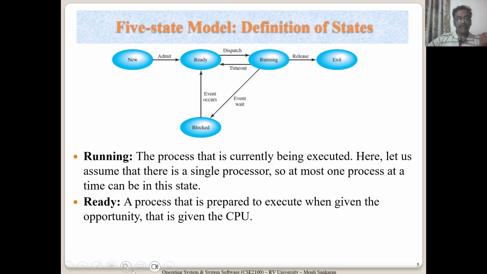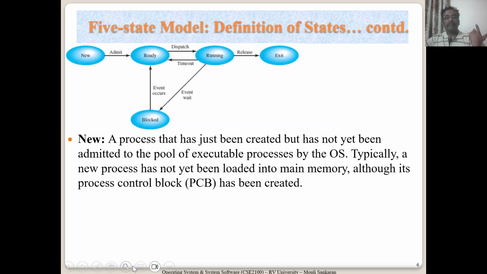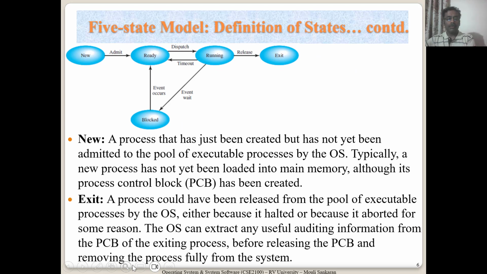Now, what is a ready process? A ready process is one which is not having the CPU to run, but everything else is available for it. Blocked and waiting, you know that it is waiting for some event. Then each of the transitions, new process, I already told you about it. Exit means a process has been released from the pool of executable processes by the OS. That means it's terminated either because it halted by itself, or because it is aborted for some reason.